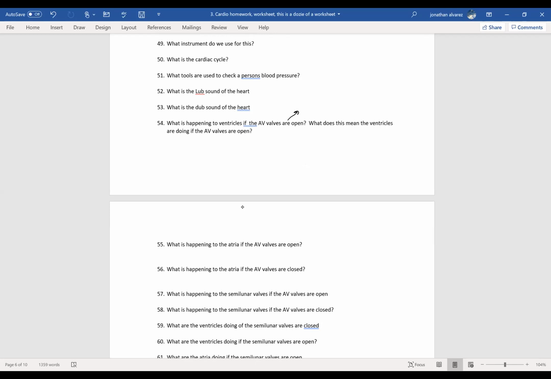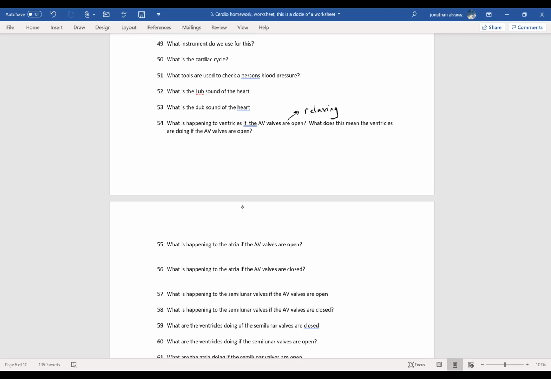Now think about this. If the ventricles are squeezing, it is pushing blood through the semilunars.